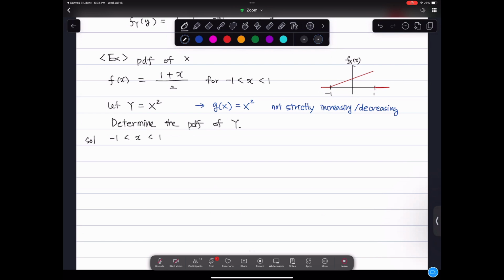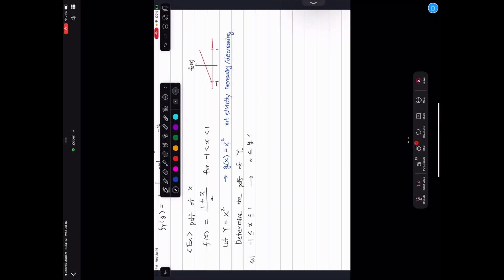That tells me, since y is x squared, the y values should be going from 0 to 1. So that's my support of y. My y will be defined over values from 0 to 1.